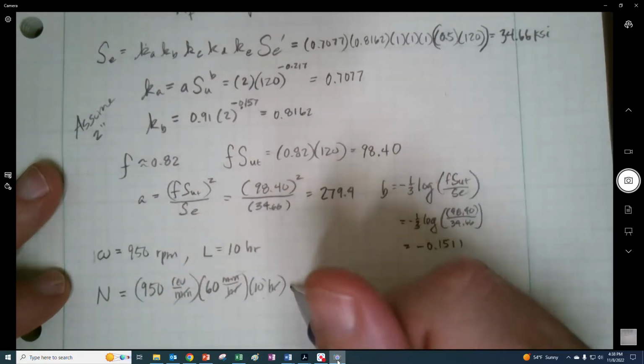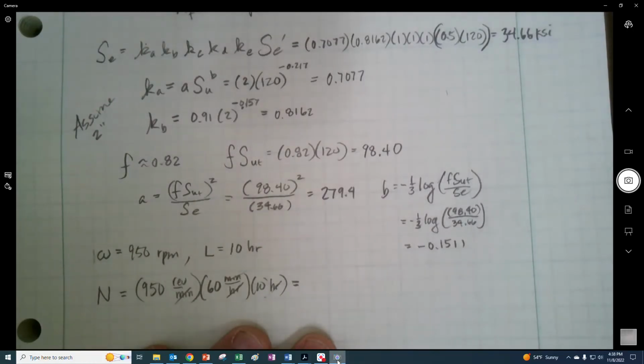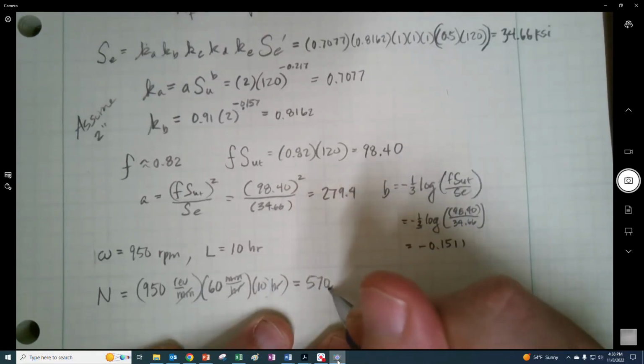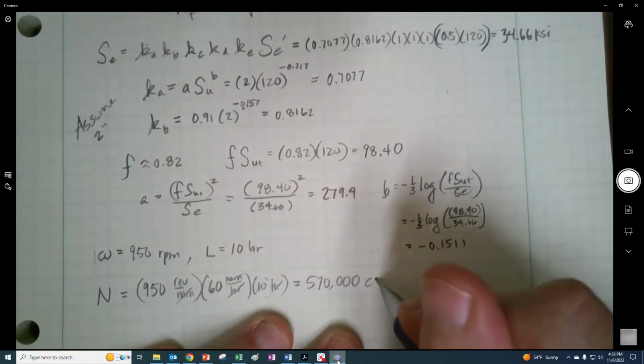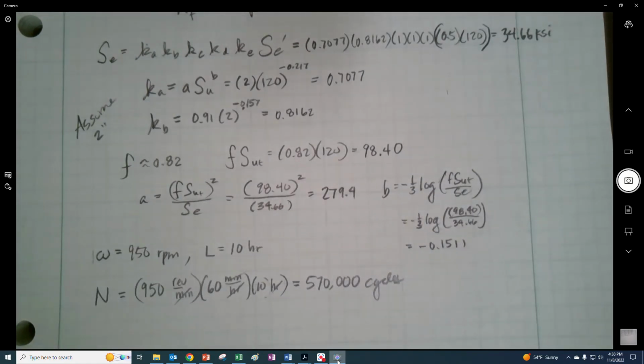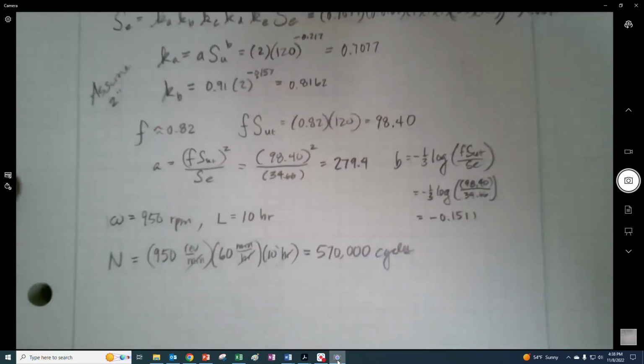So we're going to find the number of cycles: 950 times 60 times 10, so 570,000 cycles. Now, it's important that it's less than 1 million, and it's important that it's more than 1,000, because that's low cycle fatigue, right? So this is the range in which our S-N diagram is correct.